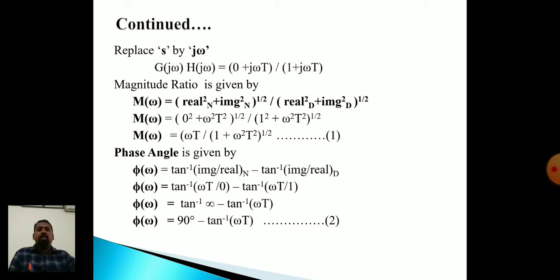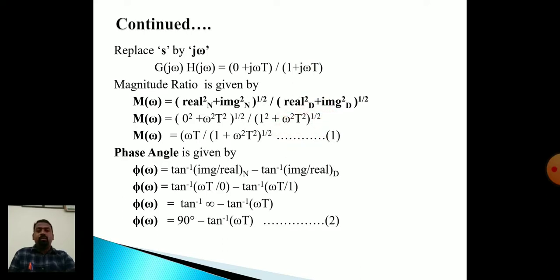So here M of omega equals: the real square of numerator, what is that? 0 square. Similarly the imaginary part is omega t, squared means omega square t square, to the power 1 by 2. Whole divided by the real square of denominator, that is 1 square, plus the imaginary square, omega square t square, to the power 1 by 2.